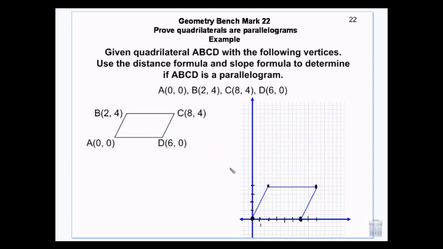Or I can count how many spaces up I move versus how many spaces over. So I'm going 1, 2, 3, 4 up, and then 1, 2 over. And if I come here, I'm going 4 up and 2 over. That means this length is the same. It also means that the slopes are the same.